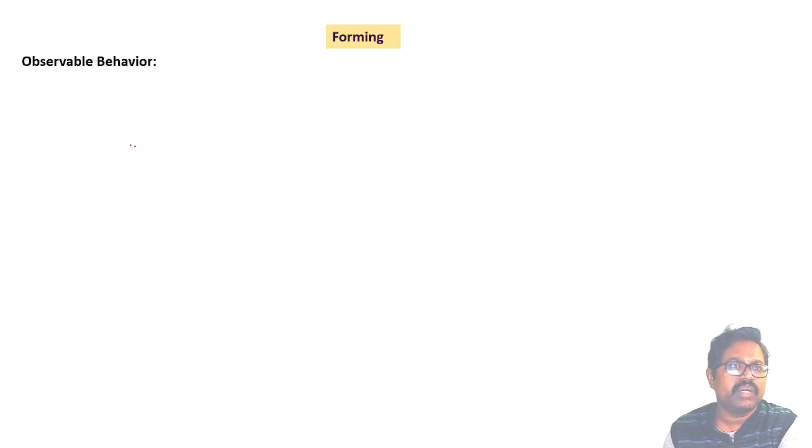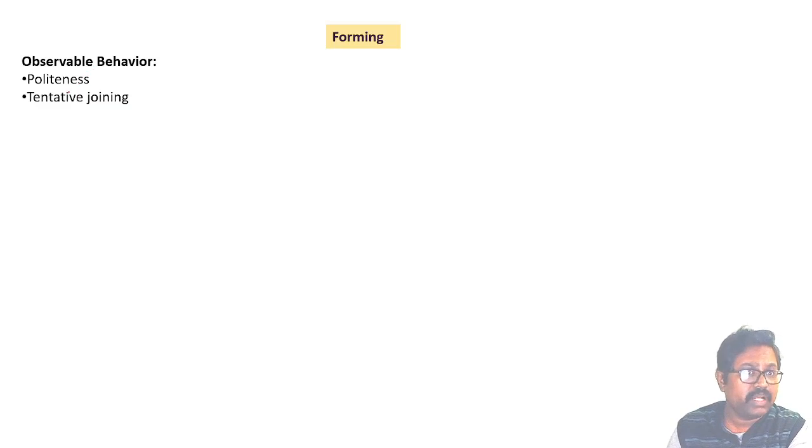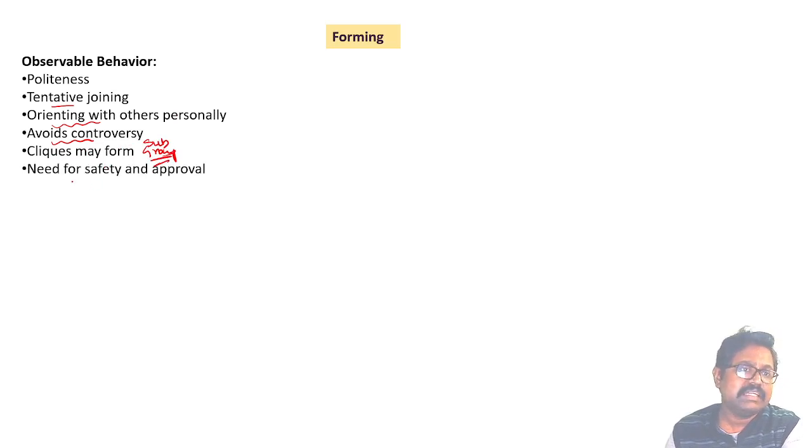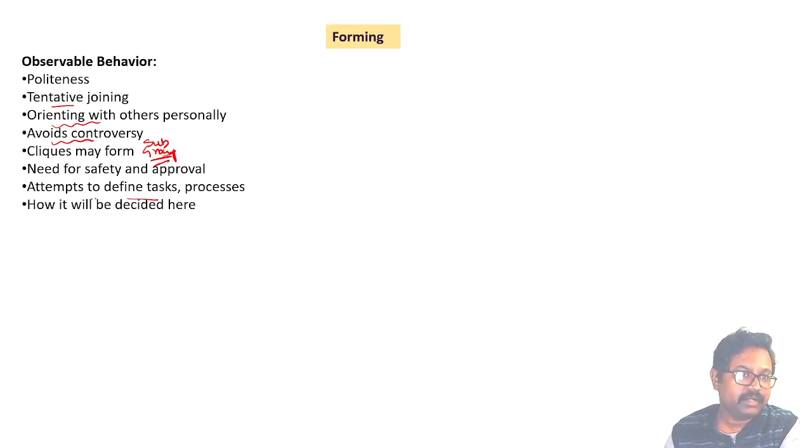In the forming stage, the observable behavior will be politeness, tentative joining, orienting with other persons, and avoiding controversies and conflicts. Cliques may form, that means small subgroups may form within the group. This is the stage where you need safety and approval from each member, and the group will attempt to define the task and the process they need to take up, and decide how it will be done.